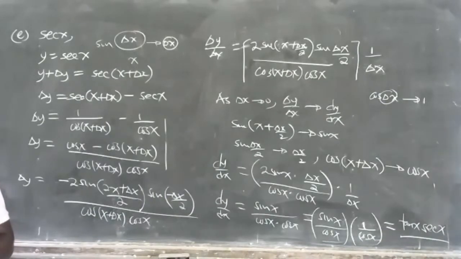Teacher? Yes. What do you mean that sine x is considered to be like sine x plus change in x? Is it in the limits? Does it fall in that bracket? Because in the limits you don't have sine x only. So does it fall in the brackets of sine x plus change in x? Sine x does not change.